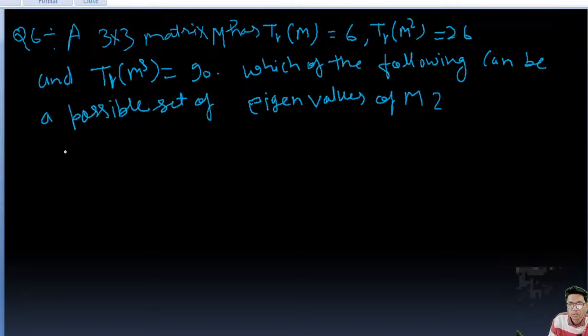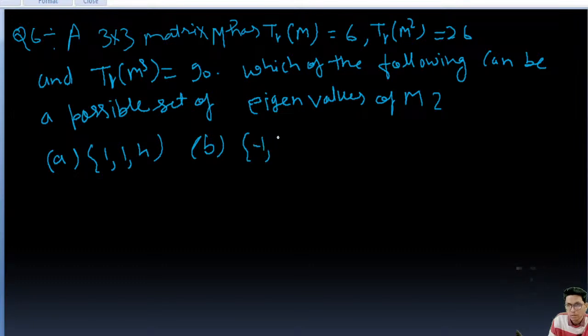Okay. So options are: option A is 1, 1, 4. Option B is minus 1, 0, 7.